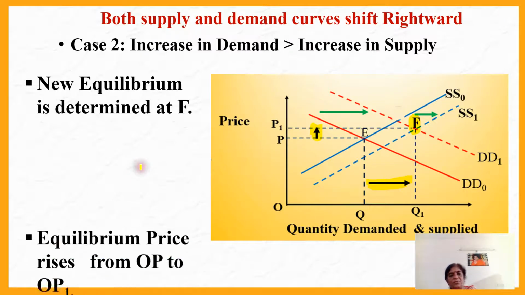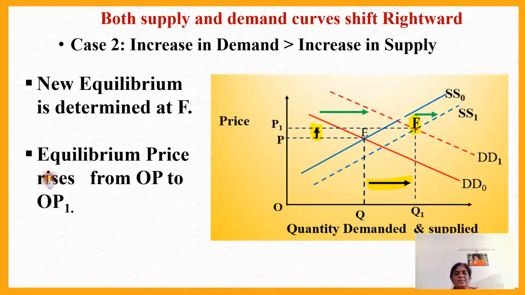And what about price rises? In this case, price rises. It is clear, because when the demand increases, the magnitude of the demand outweighs the supply. When there is more demand and less supply, that is a situation of excess demand. Then you can always say price rises. Even without the diagram, you should say it logically: when the increase in demand is greater than the increase in supply, price will automatically go high.